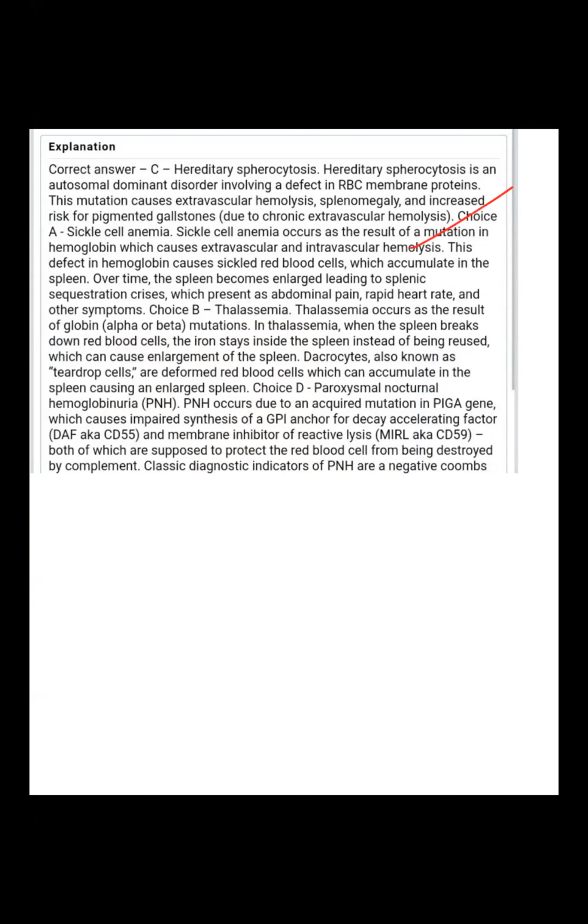The hemolysis means dropping hemoglobin. So either the patient comes with a sequestration crisis, which means tachycardia, tachypnea, respiratory compromise, but no. Hereditary spherocytosis goes towards only extravascular hemolysis, splenomegaly, and increased pigmentation of the gallstone.